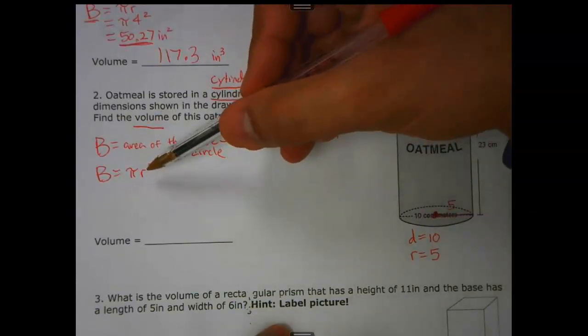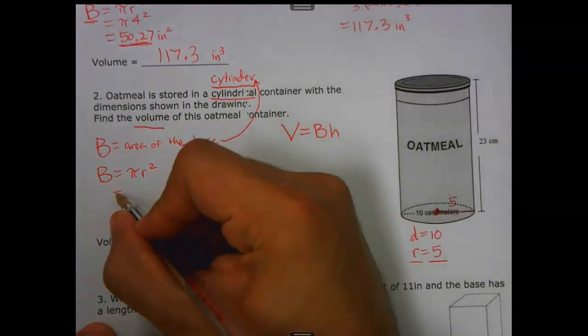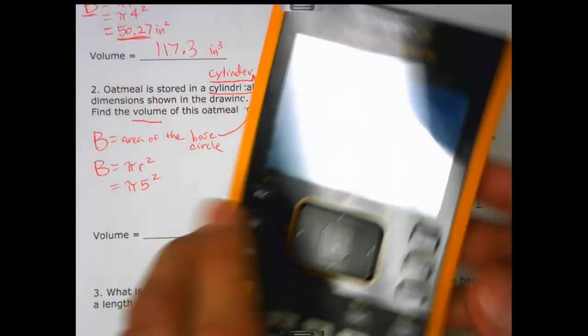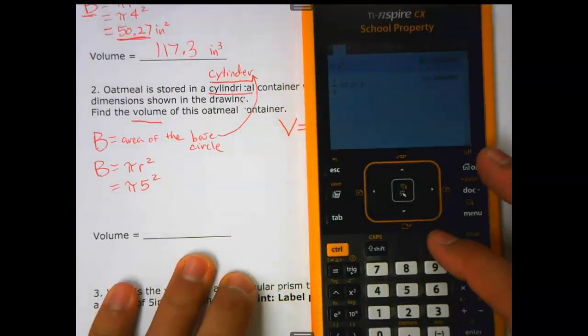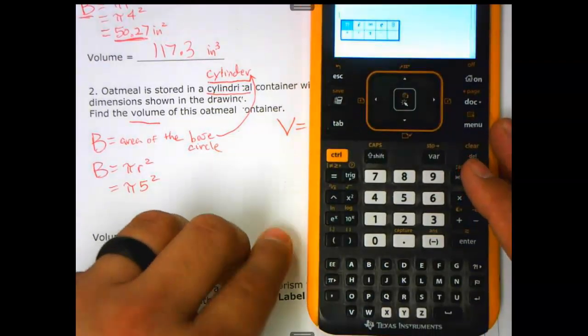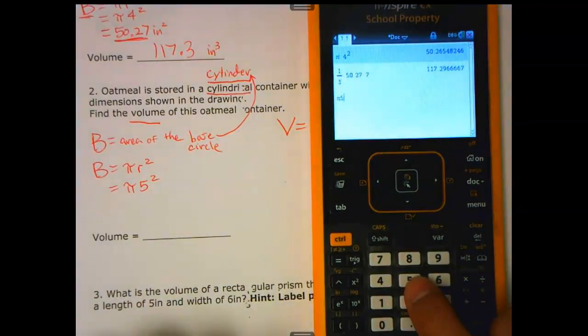I need to do pi r squared, so it's going to be pi 5 squared. Let's put pi 5 squared into my calculator, like last time. I hit the pi button down here, enter, and then 5, and squared is right here.